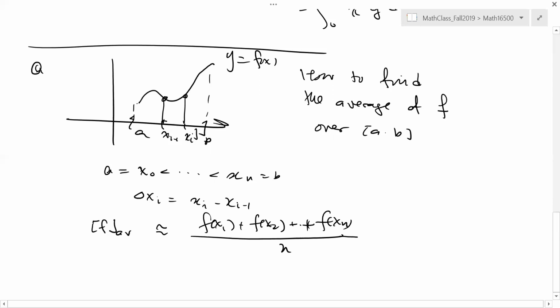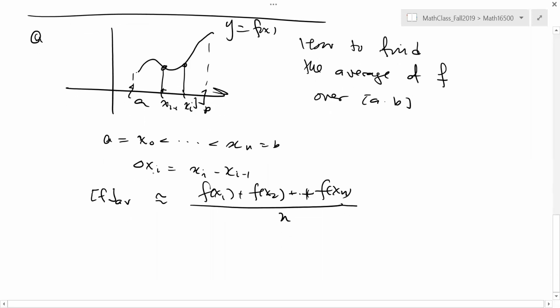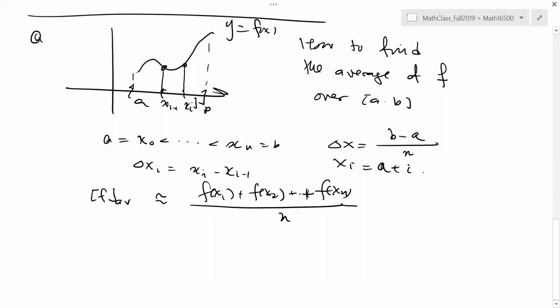The problem is, I need to make sure the points are distributed evenly, otherwise there will be trouble calculating. So I assume delta x equals (b minus a) divided by n, and xi is a plus i delta x.